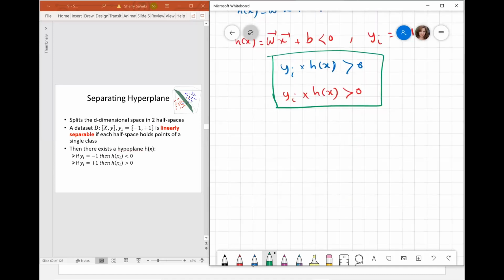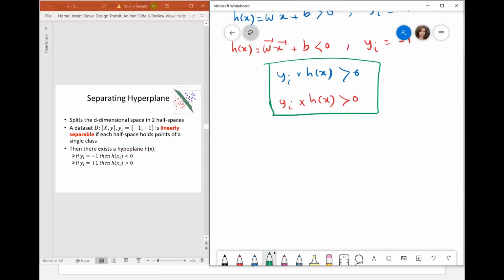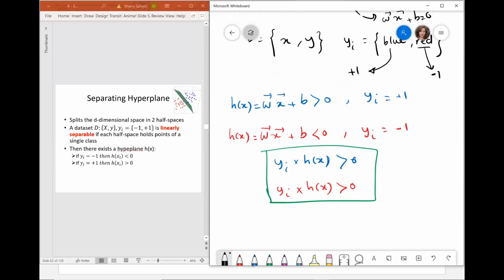Now, let's talk about linearly separable classes. If our two classes are linearly separable, we are going to have these two conditions: whatever falls on the right-hand side or above the separating line is going to have h of x positive, and whatever is below is going to have h of x negative.